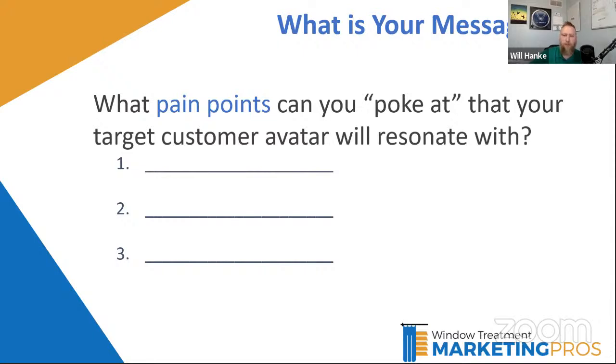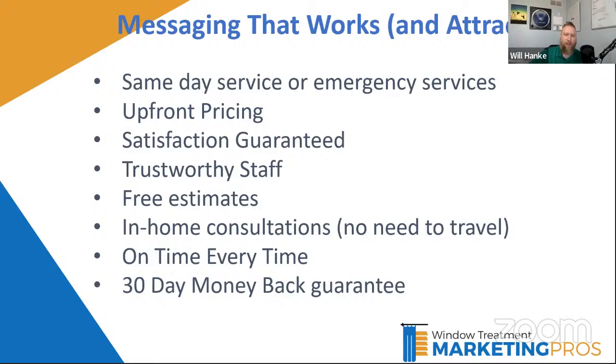Those are different pain points that you can poke at and create content, create a message around that speaks back to how you work differently or work better than your competitors. Here are some ideas. Same-day service, emergency services. Sometimes that works, sometimes that doesn't. It really depends. Obviously, if you have the parts and that kind of stuff. But there's plenty others, right? Satisfaction guarantee, trustworthy staff.